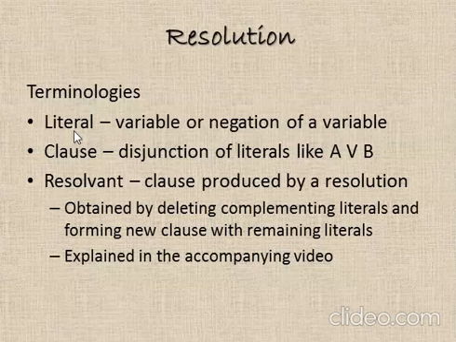So it is obtained by removing the complementing literals, and taking the remaining literals to form a new clause. This is also explained with a video, and that has been attached to this topic.